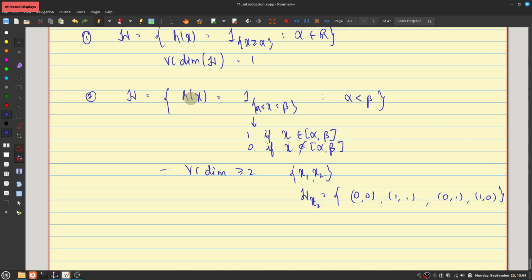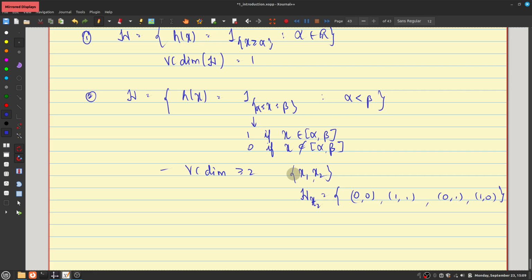So you keep varying h for the fixed x1, x2. In this case, the set is fixed, and you're varying over all functions in this hypothesis class, not the other way around. You're not fixing an h and then changing x1, x2. Alpha and beta are the things that you vary.